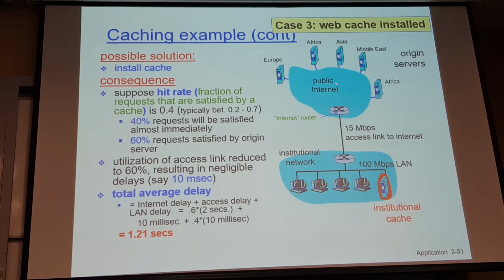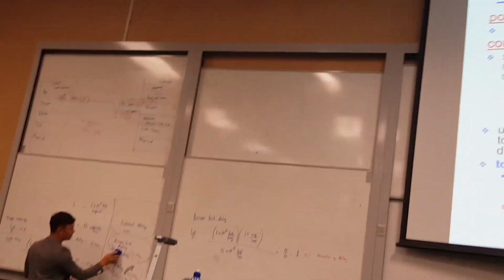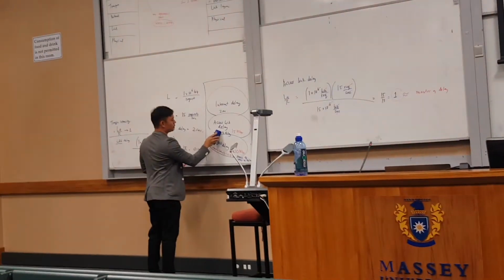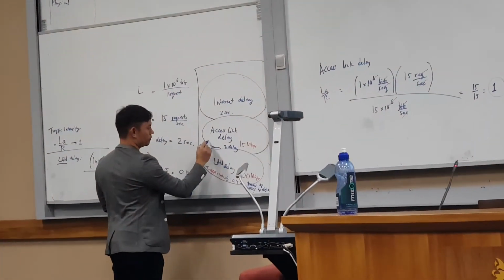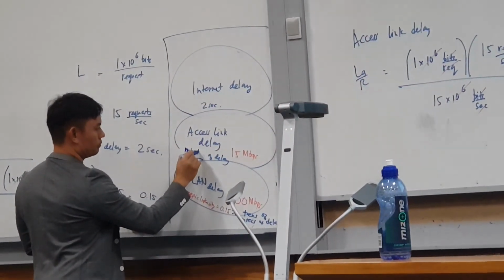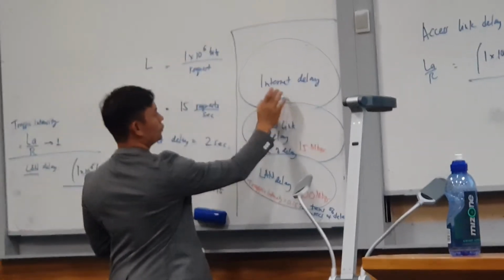What will be the estimated total average delay? So we can do some quick math here. So it's still 15 megabit per second. So initially you've got minutes of delay here. Here we've got 2 seconds.